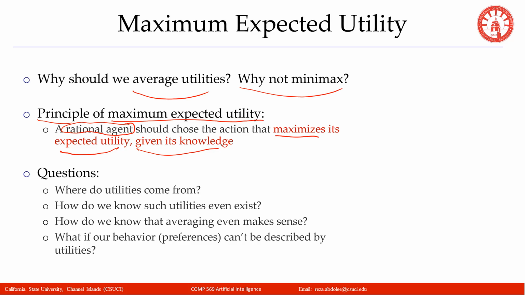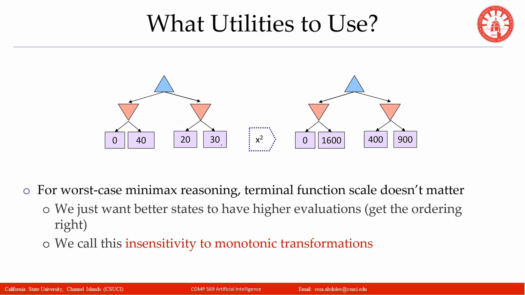That's the term we defined at the beginning of this semester, and therefore each agent that we design needs to maximize its expected utility. So the question is, where does utility come from? How do we know such utility even exists? How do we know that averaging can even make sense? What if our behavior preferences can't be described with these utilities?